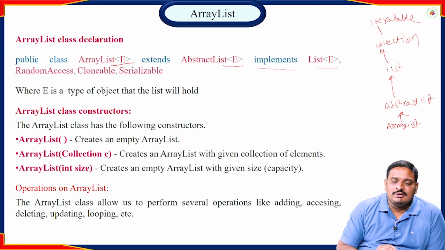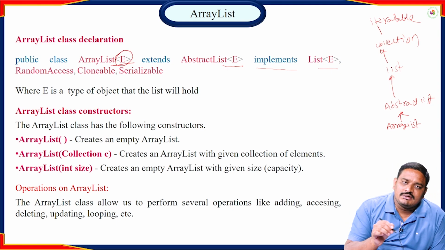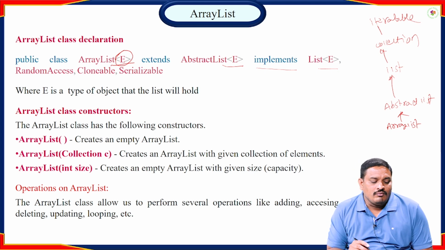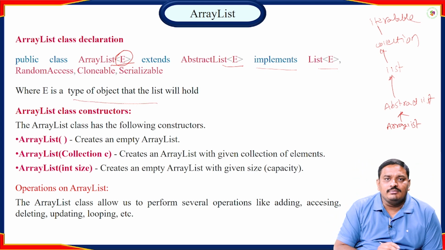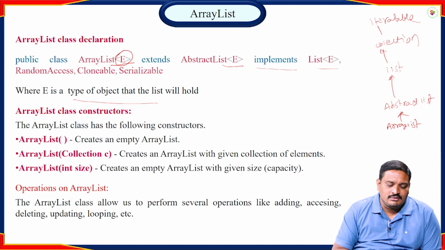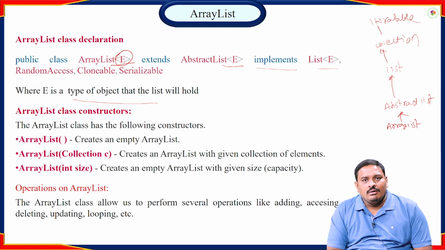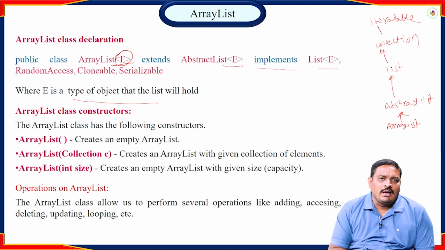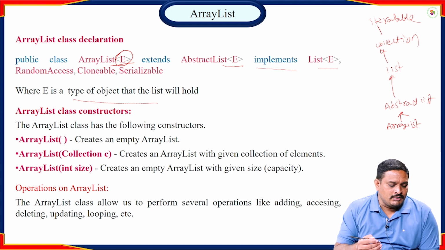In this declaration, the angular bracket represents the E. What is the meaning of E? E is the type of object that the list will hold. That is the meaning of E. Here the ArrayList has some constructors and methods. See the constructors one by one.